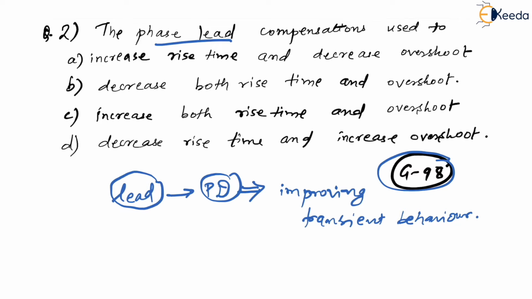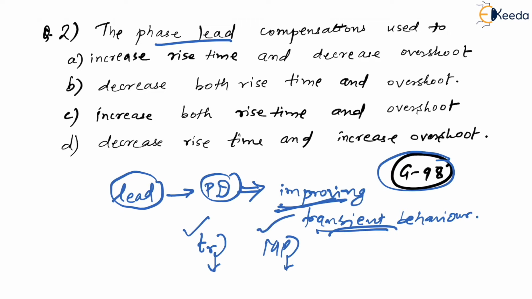Improving transient behavior means the rise time has to be less, and definitely the overshoot MP also has to be less. Which means both rise time as well as peak overshoot have to be decreased. So the answer is option B, decrease both rise time and overshoot. Correct? Let us see one more.